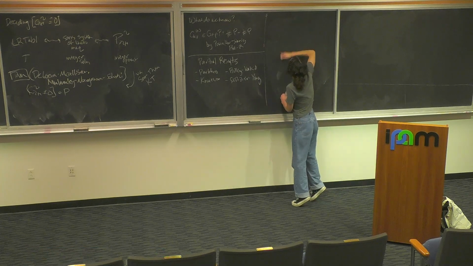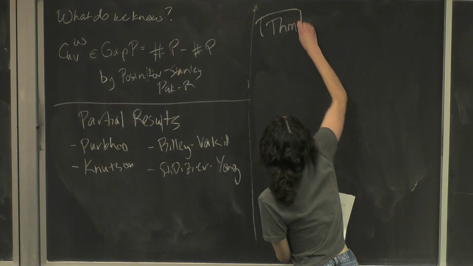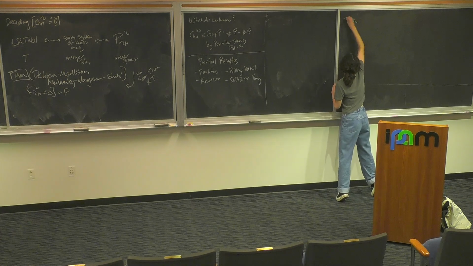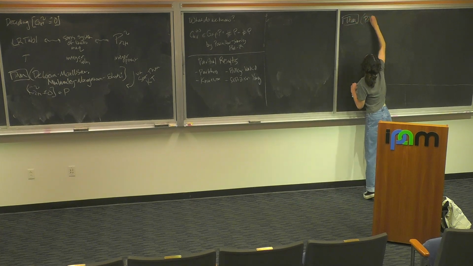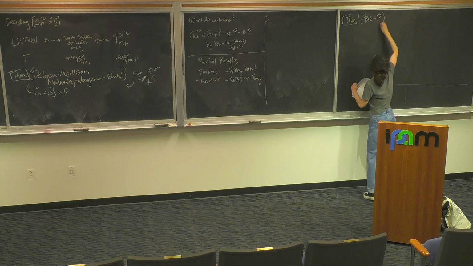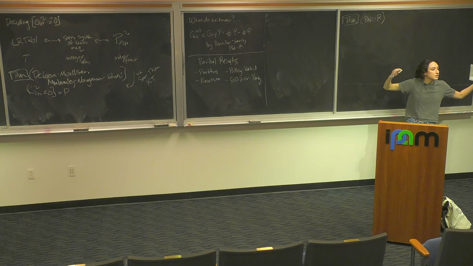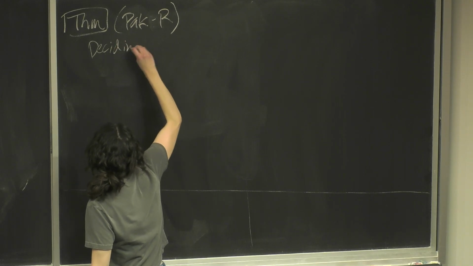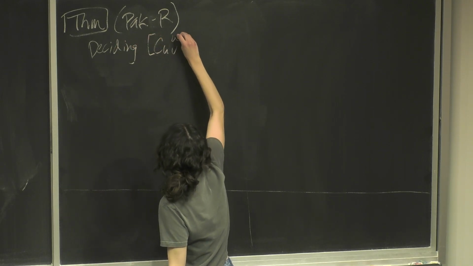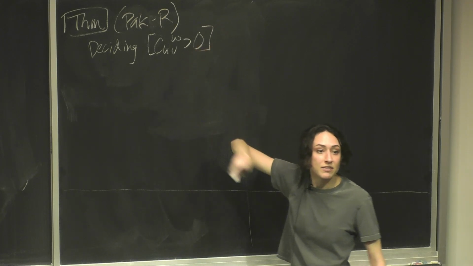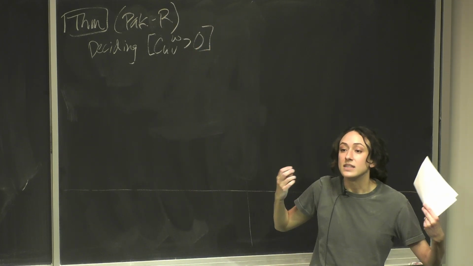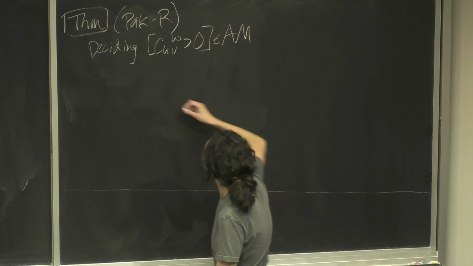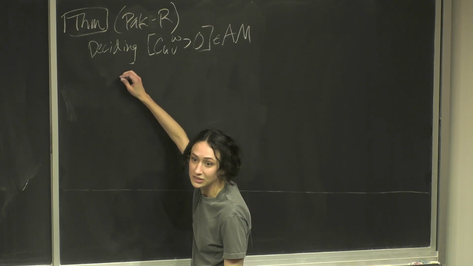Okay, so our theorem, oh, this is exactly where I don't want it. Our theorem is exactly giving us an upper bound to the complexity of this problem. So deciding if c_{uv}^w is positive, or in other words, if this generic intersection of Schubert varieties is non-empty, is going to be in the class AM, which I haven't told you what it is, but I will.